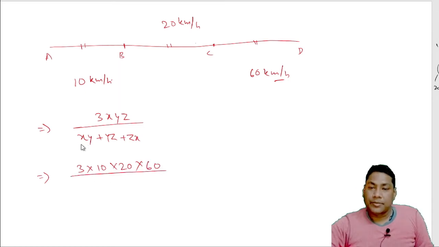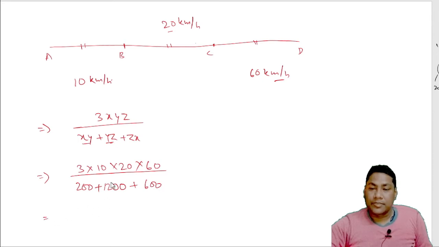Here xy means 10 multiplied by 20, that is 200, plus yz means 20 multiplied by 60, that is 1200, plus zx means 60 multiplied by 10, that is 600.